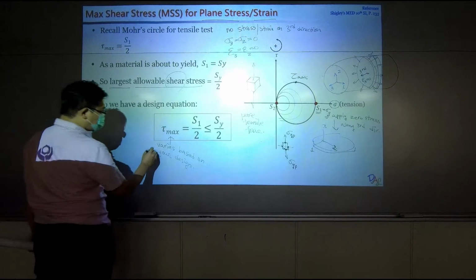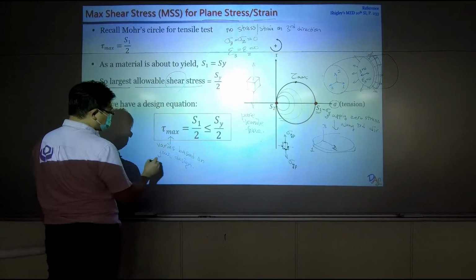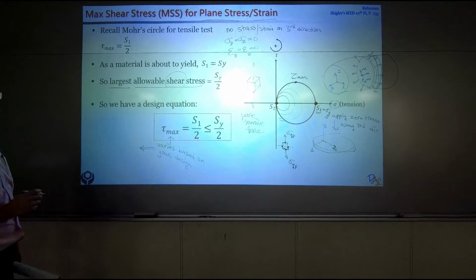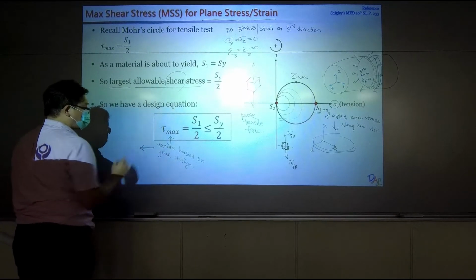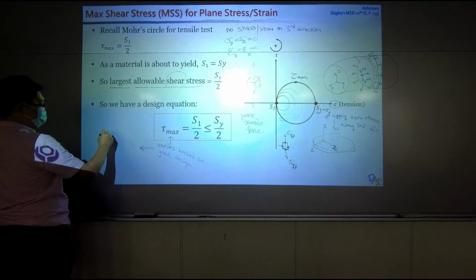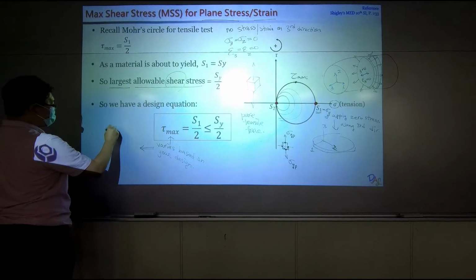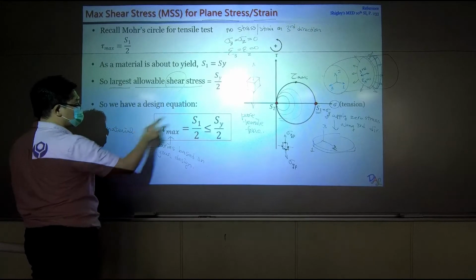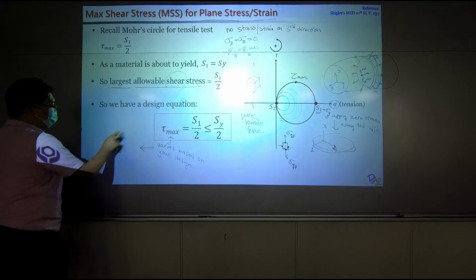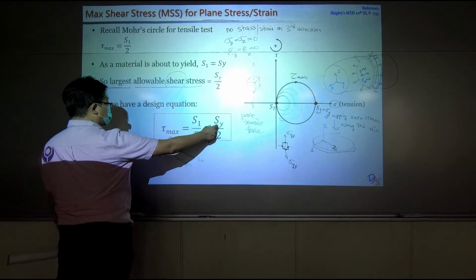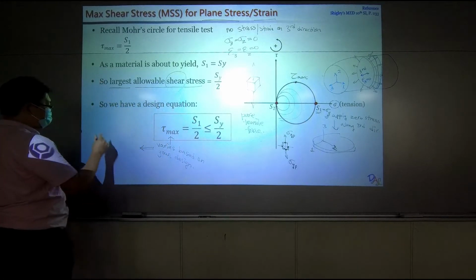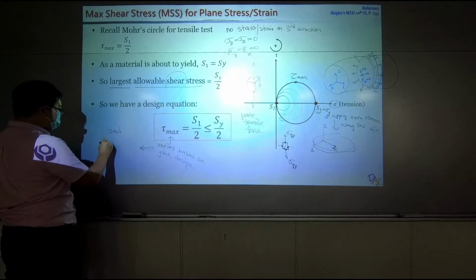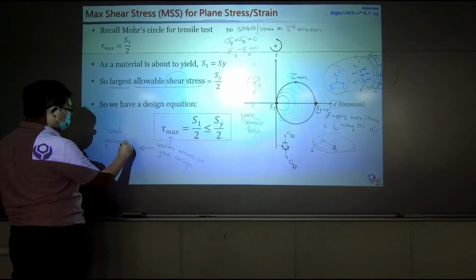So when this varies based on your design, what caused the change of your tau max? Basically, the material you choose. But actually, it's not about material. It's about the load that you carry, and also the geometry of your design.